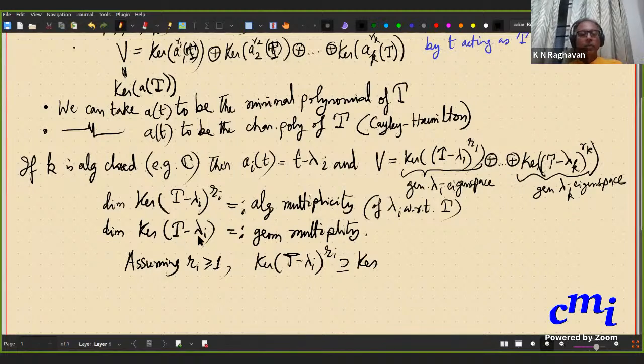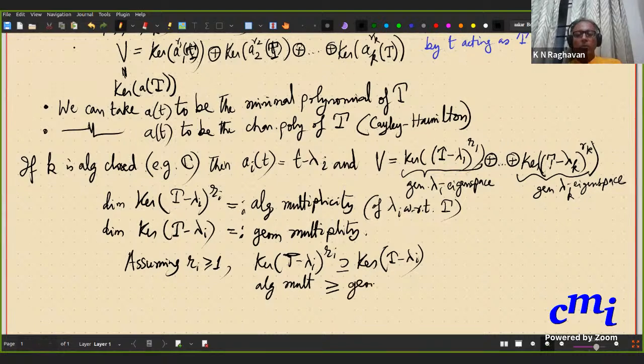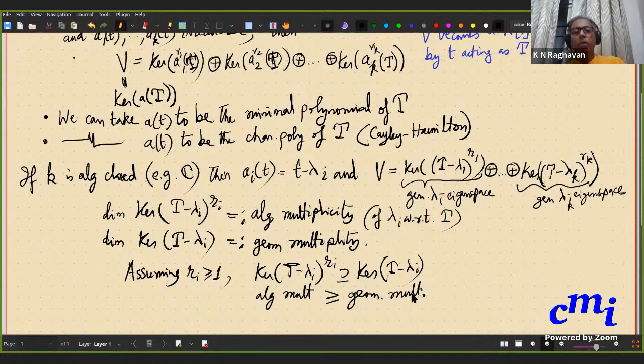Anything that is killed by T minus lambda is surely killed by some higher power. So naturally this dimension is bigger than that one, which means the algebraic multiplicity is bigger than or equal to the geometric multiplicity. Okay. Any questions on this?